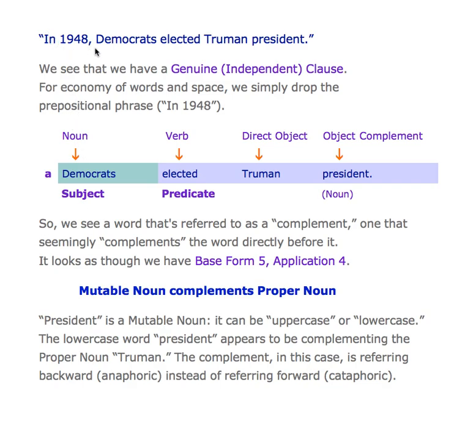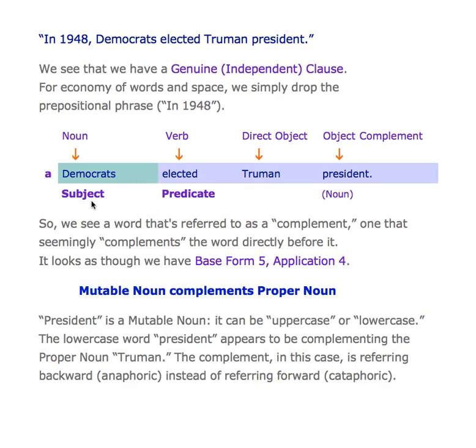In 1948, Democrats elected President Truman. We see that we have a genuine, or you would call it independent clause. For economy of words and space, we simply dropped the prepositional phrase in 1948. We'll drop that. So we have Democrats elected Truman president.